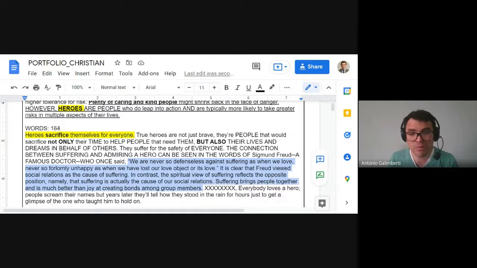It says, for example, suffering brings people together and is much better than joy at creating bonds among group members. This is a very nice argument, but you need to connect this with heroes.